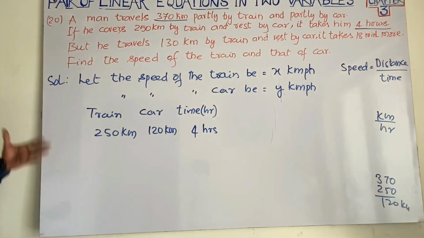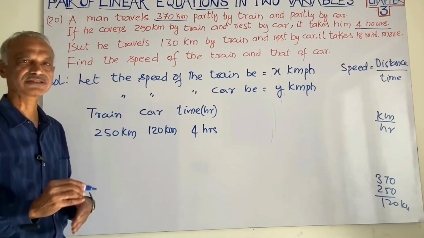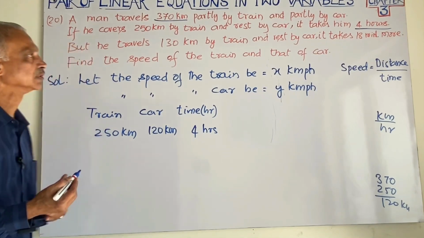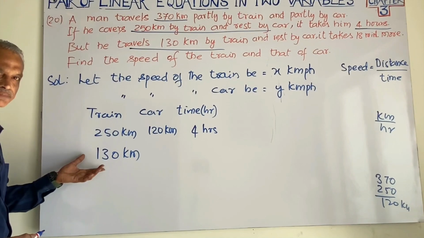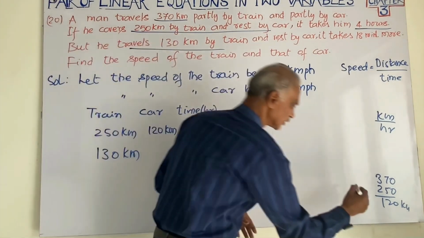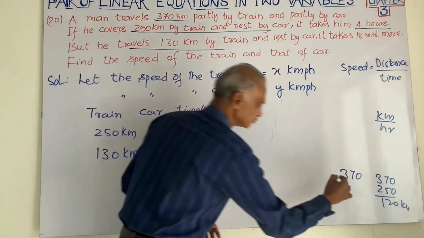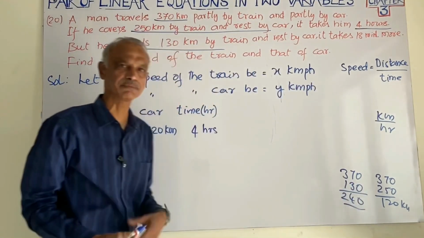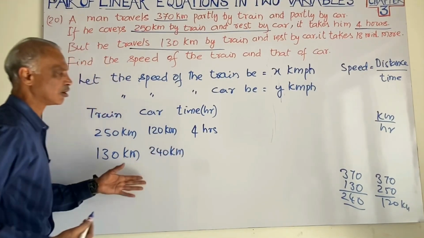Now, next, he travels 130 kilometers by train and rest by car. It takes 18 minutes more, means 4 hours 18 minutes he took. How many kilometers does the train travel? 130 kilometers, and rest by car. What is the total? 370 minus 130, so he travels 240 kilometers by car.